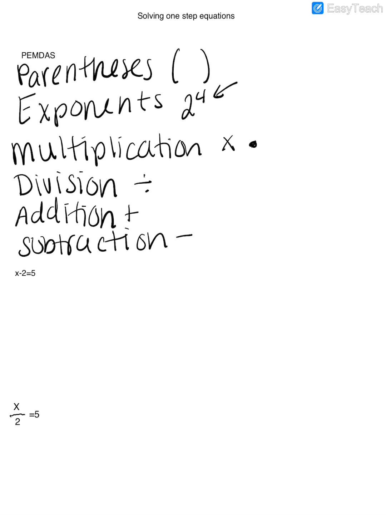If we have x minus 2 equals 5, all right, so you may be thinking, well, what do we do first? We are going to add 2 to both sides. We want to show that we're doing it to both sides.